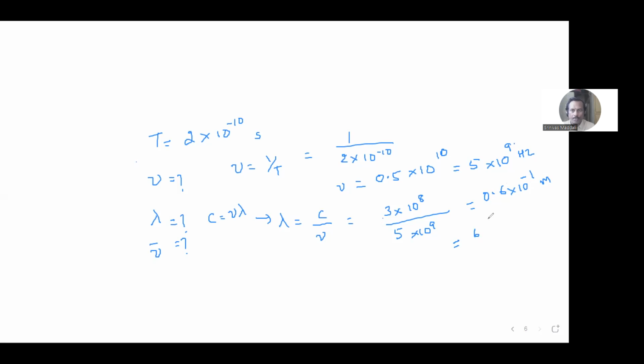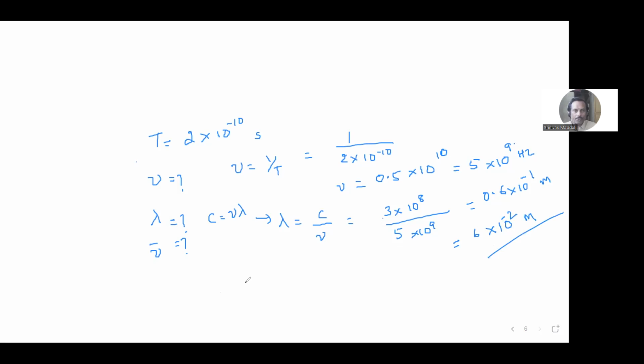So it becomes 6 into 10 to the power of minus 2 meters. Therefore this is how you'll write the value of lambda.